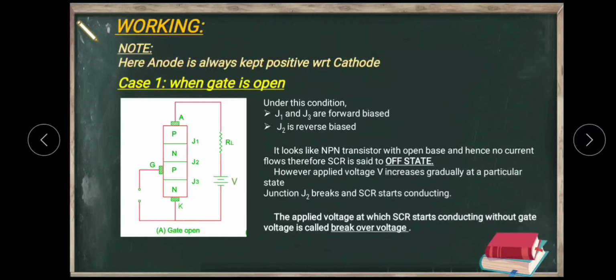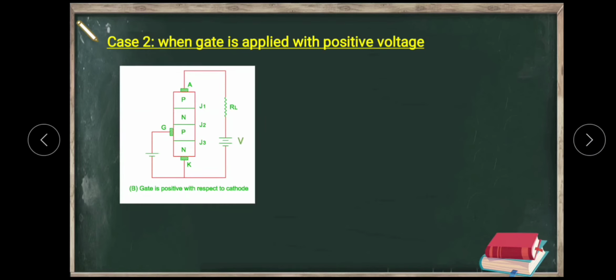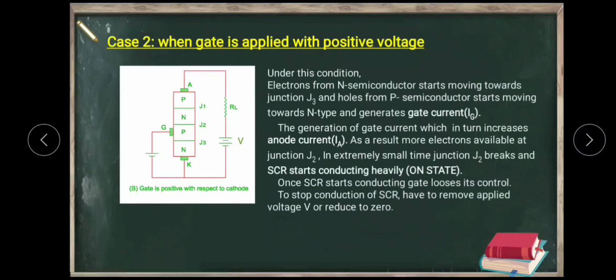In the same way, holes move from the P semiconductor to the N type, which generates gate current. As the gate current increases, the anode current, the current flowing through the anode terminal, also increases. As a result, more electrons are available at junction J2. In a small time period, junction J2 breaks and the SCR starts conducting heavily. That is what we call the on state.